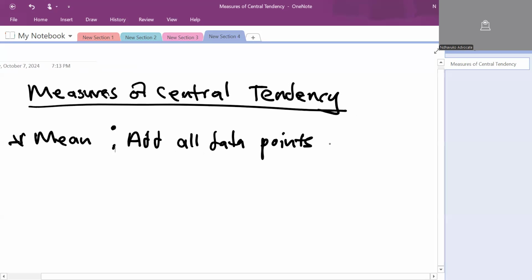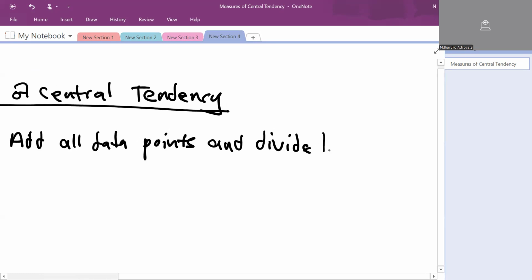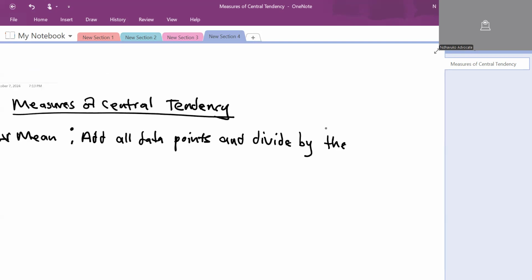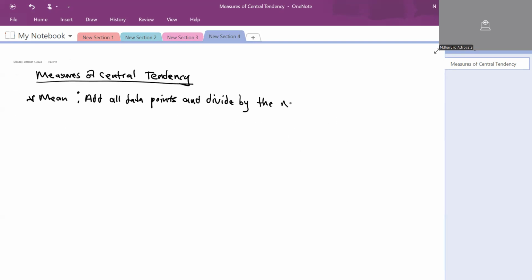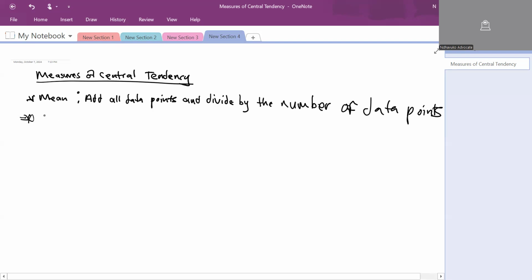Then you divide by the number of data points. Let me give you the formula. This is the formula of mean.